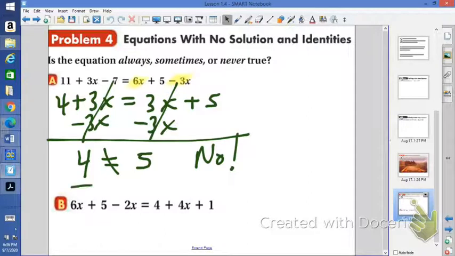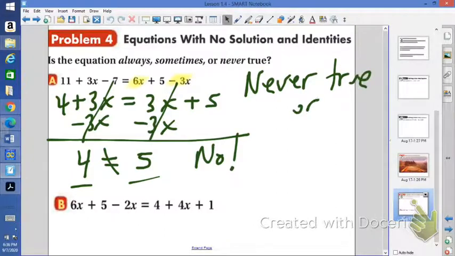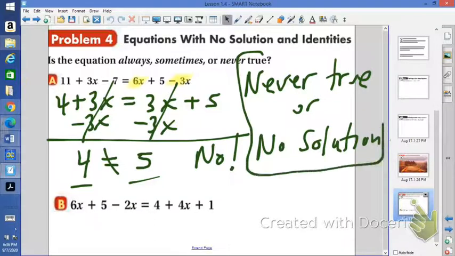So whenever you have a number not equaling another number, you have never true or no solution. Okay, either one of those. You'll either see, the equation can never be true, or you won't have a solution to the equation.